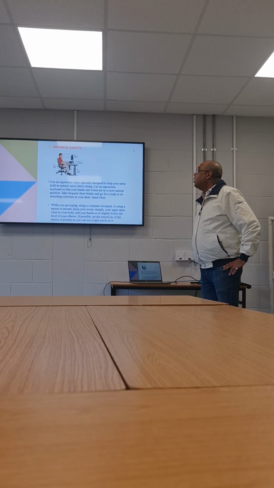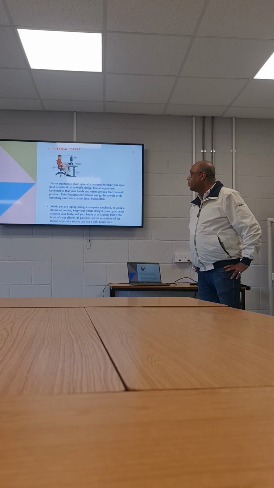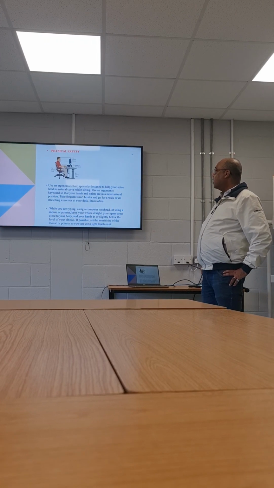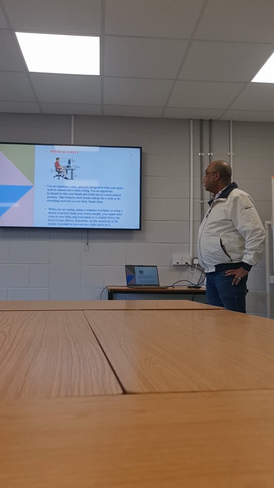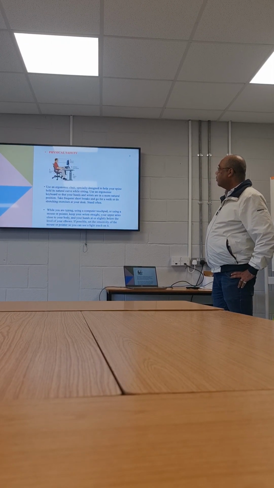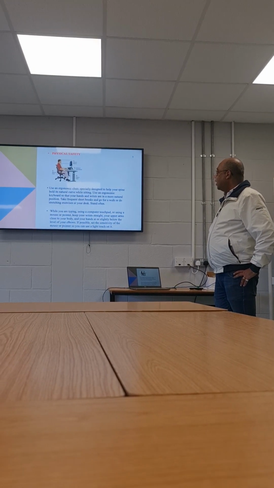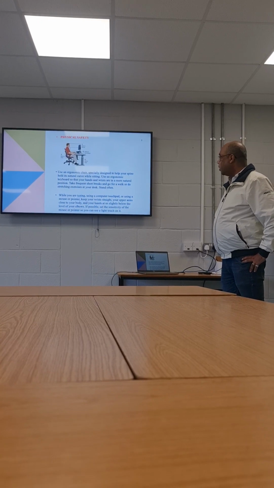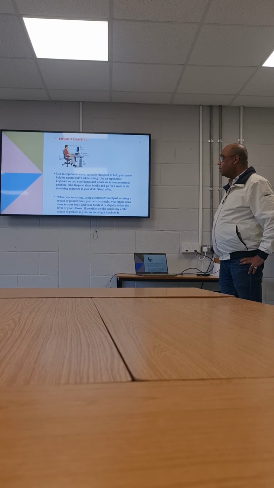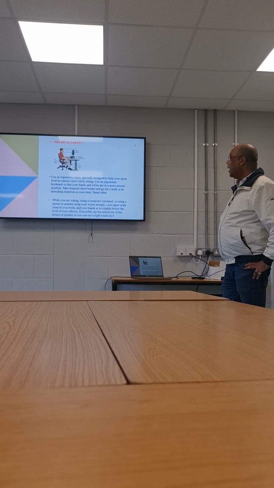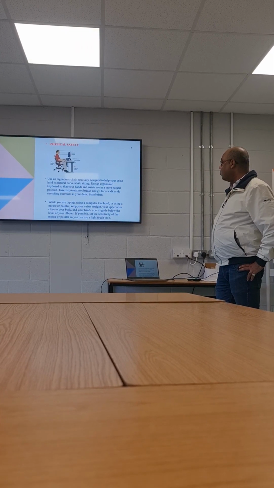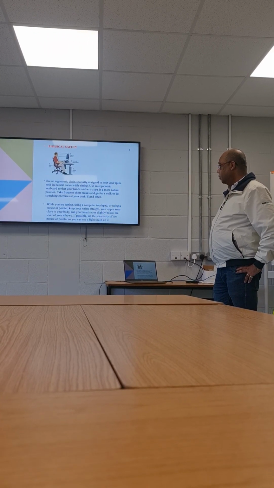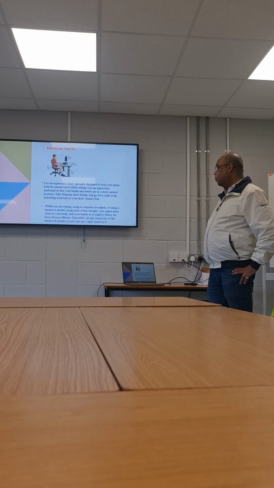Physical safety. Use an ergonomic chair. In the picture you can see it's especially designed to help your spine hold its natural curve while sitting. Use an ergonomic keyboard, which keeps your hand and wrist in a more natural position. Take frequent short breaks.